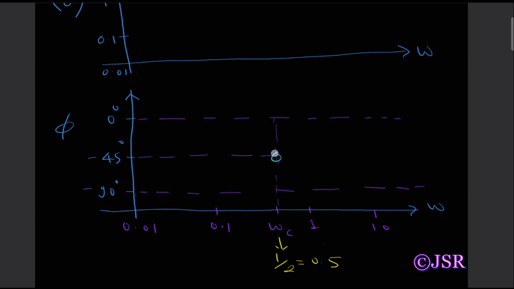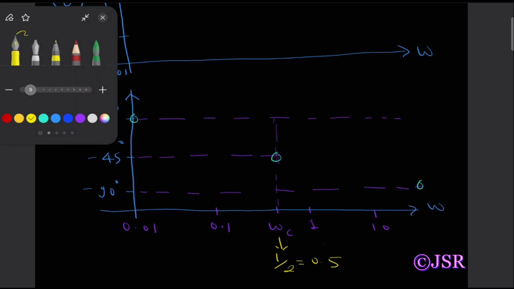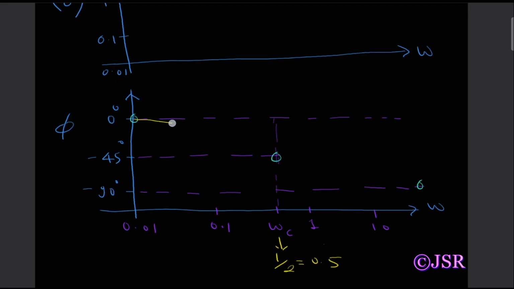So when omega is equal to omega c, the phase shift will be -45. When omega tends to 0, we will have 0 degree. When omega tends to infinity, phi tends to -90. So the phase plot will be like this.